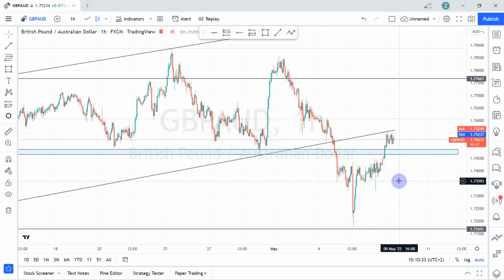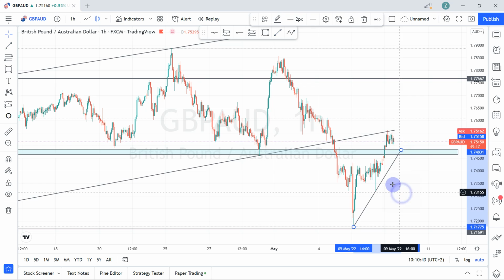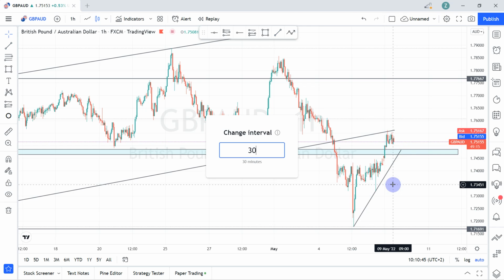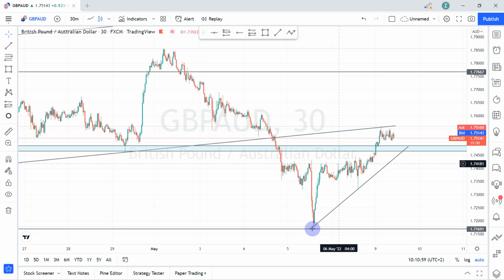So if we dig deeper, okay, wait, we can find something. But if we dig deeper to the hourly time frame, you would see that yes, we are in some sort of a bullish trend, because I have my first touch here and here.